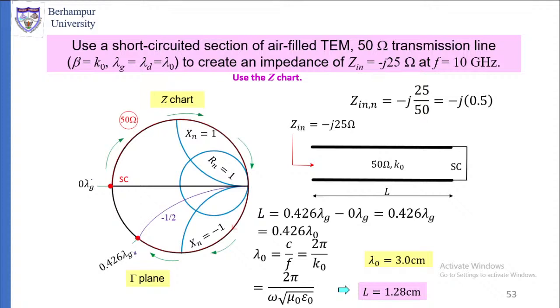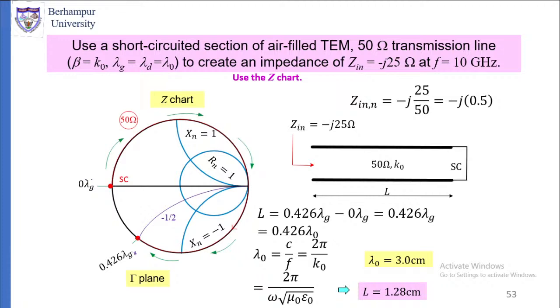Now, you know from the transmission line theory that if we use either a short-circuited transmission line or an open-circuited transmission line, that line will act like a pure admittance. So, in this case, we use a short-circuited section.